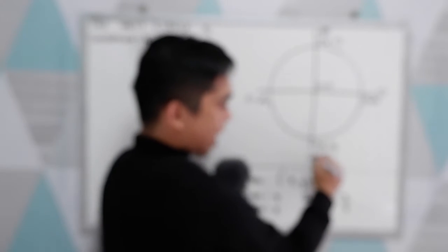Here we have 180. We have 270. We have 360. We have 450. We have 540. And we have 630, and so on. Or simply the multiples of 90 in our quadrants.